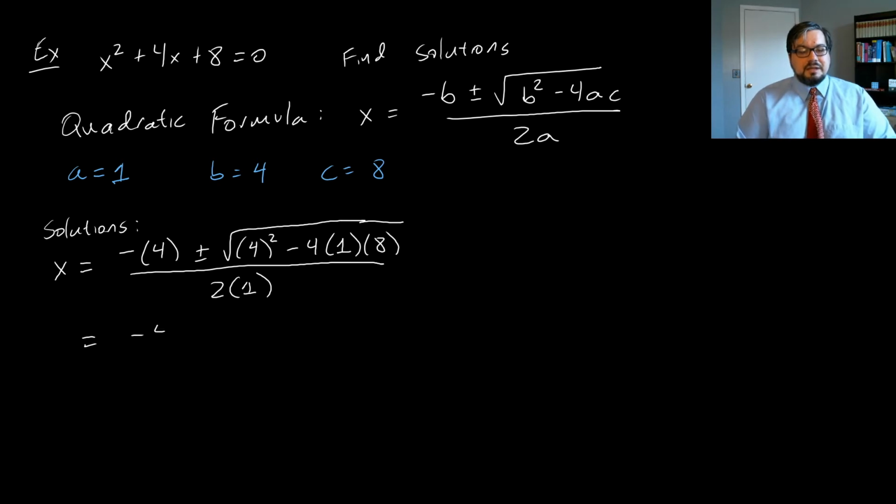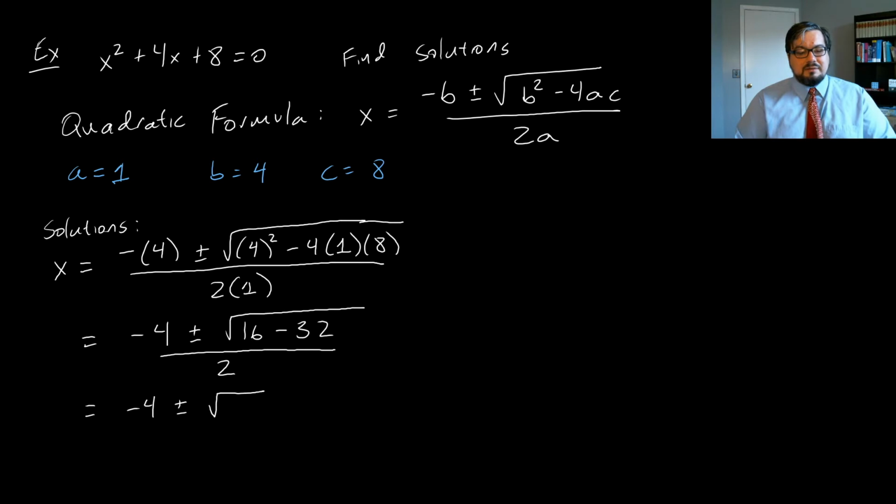Simplifying this, we get negative 4 on the top, plus or minus the square root of 16. Now 4 times 1 times 8 is 32. So we get negative 4 plus or minus the square root of 16 minus 32 over 2. So that gives us negative 4 plus or minus the square root of negative 16 over 2.